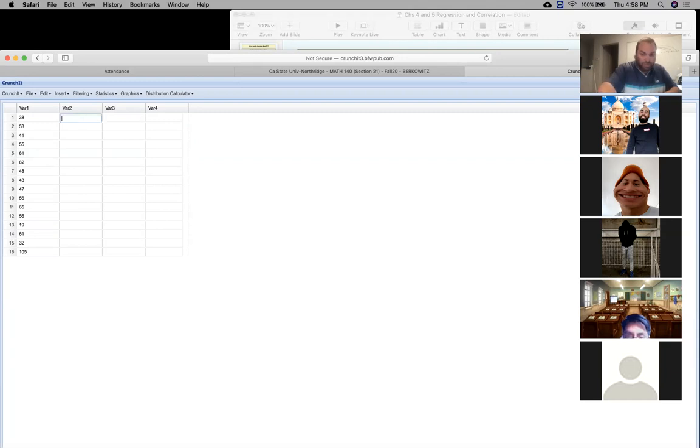So the 38 scored a negative 0.12. That's the brain activity. That means, I guess, they were happy, maybe? 53 is 0.392. 41 is 0.005. 55 is 0.369. 61 is 0.415.